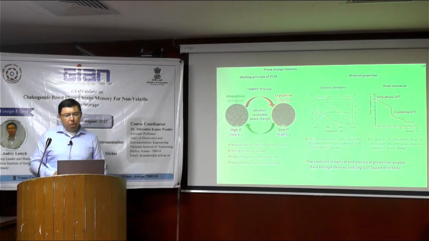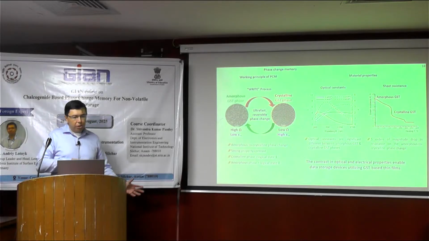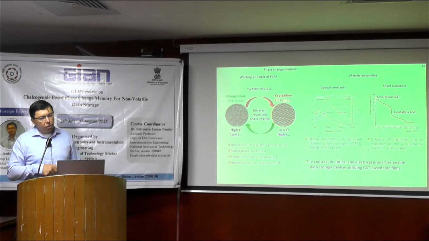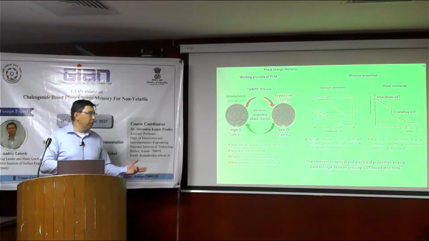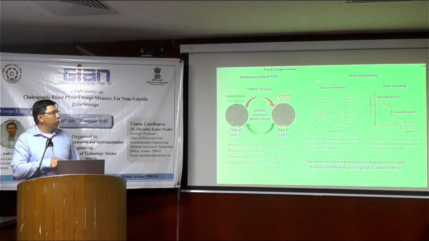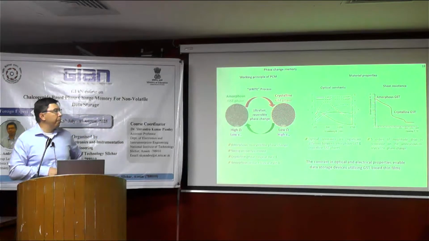So now what happens if you go from one state to another? The phase change materials undergo structural transition, and also change their physical properties, like optical constants are changing, and sheet resistance is also changing.